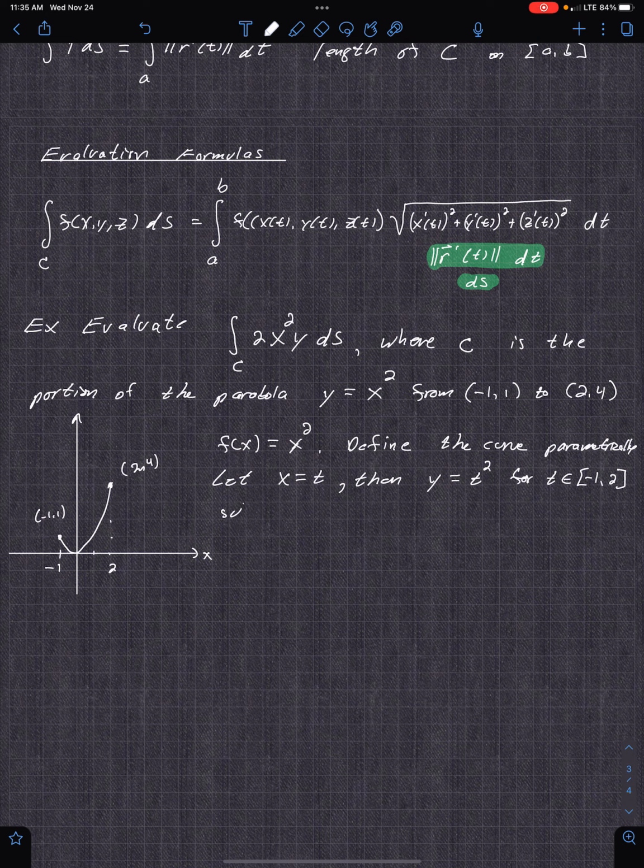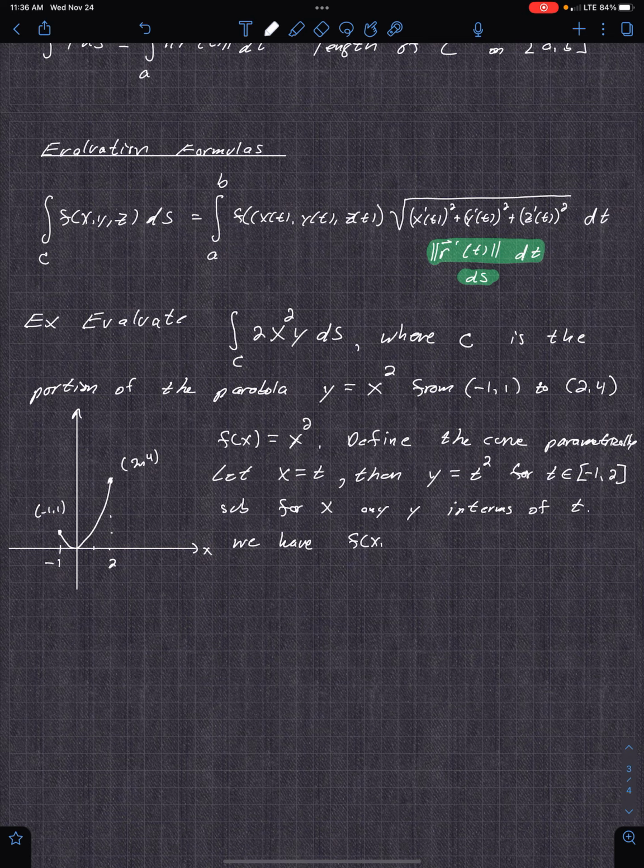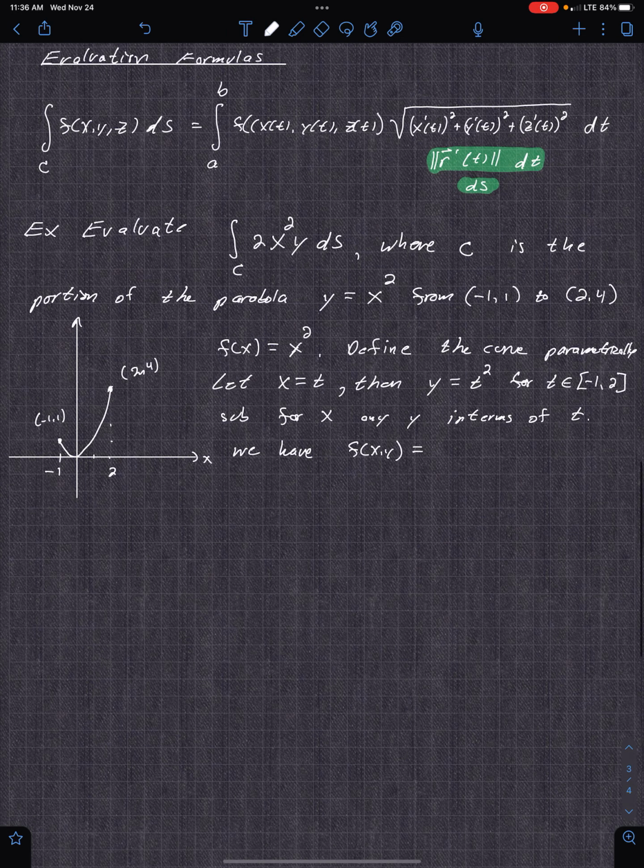So then substitute for x and y in terms of t. We have f(x, y), that's your given function on the inside. We want to convert that.